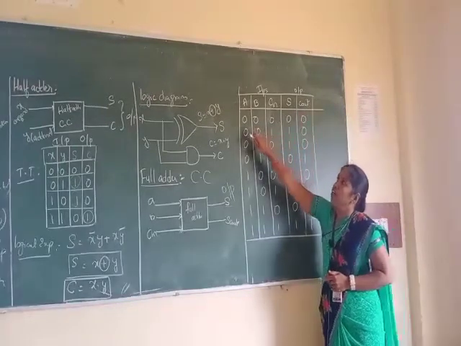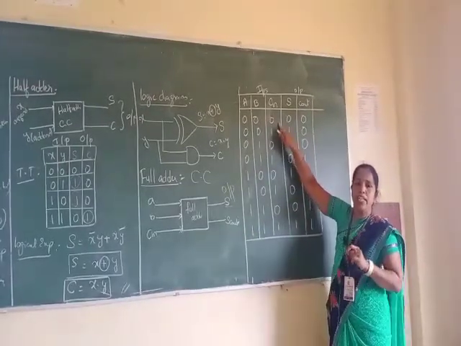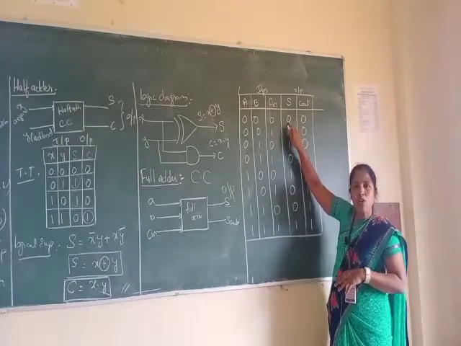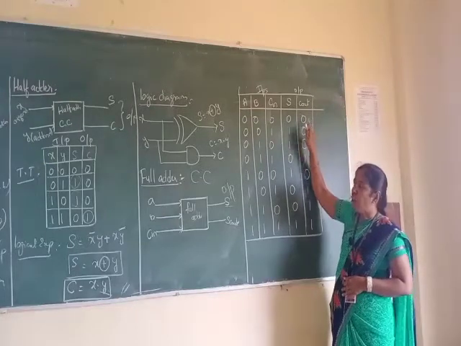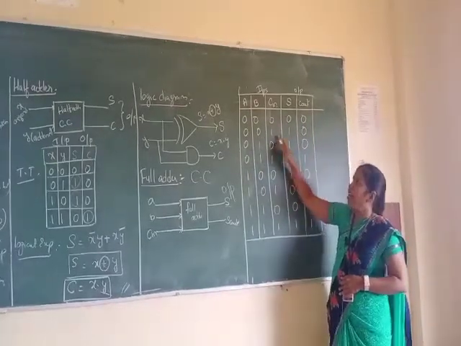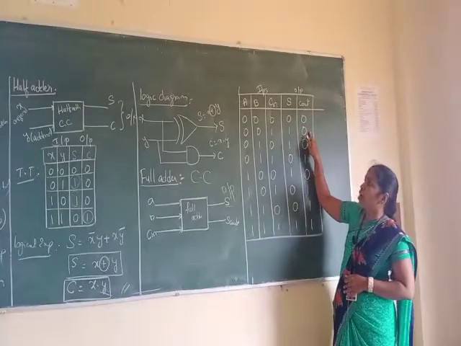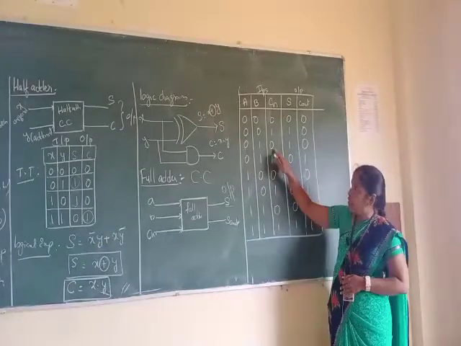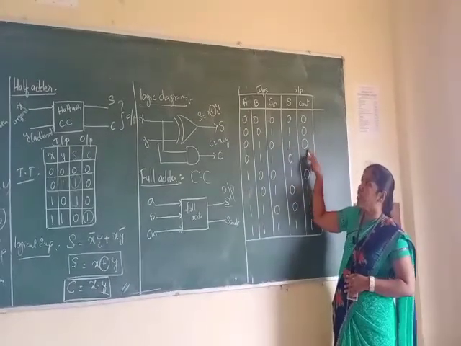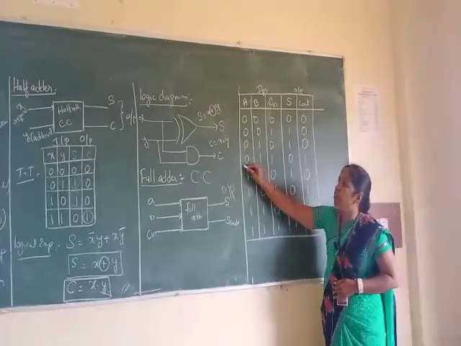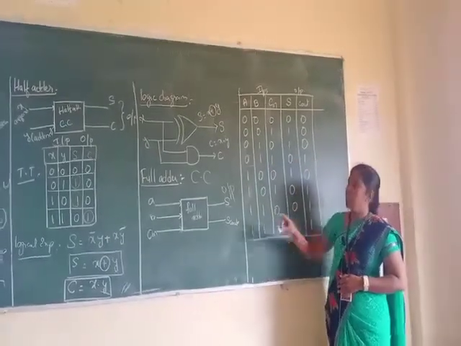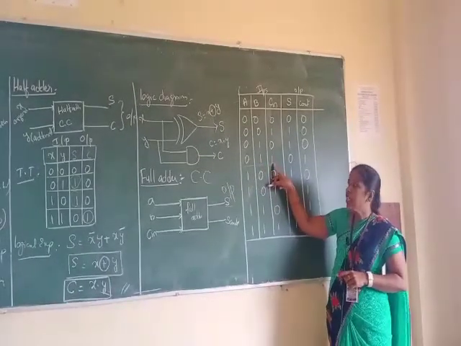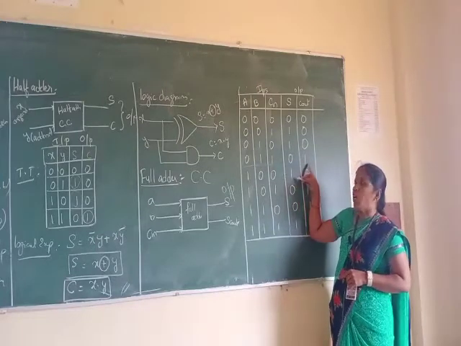When checking all 3 values, I am doing the arithmetic addition of 3 binary variables. In the first case, sum is 0 and C out is 0. In the second case there is only a single 1, so sum is 1 and C out is 0. The third case again has a single 1, so sum is 1 and C out is 0. In the fourth case, 0 plus 1 is 1, and 1 plus 1 gives sum 0 with carry 1.